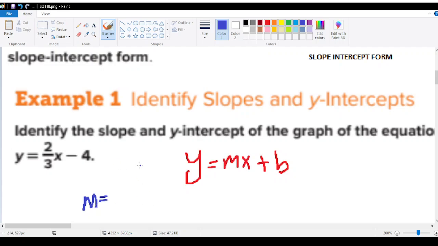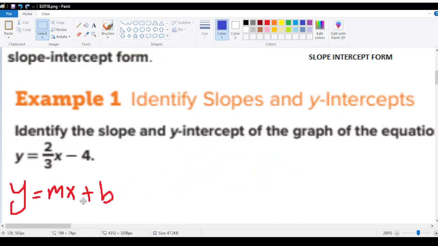The value of m is the slope. But I mean, Shamsa, I need you to compare this rule with the formula. Put them below each other. Now connect. M will be equal to, look here, 2 over 3. That's correct.